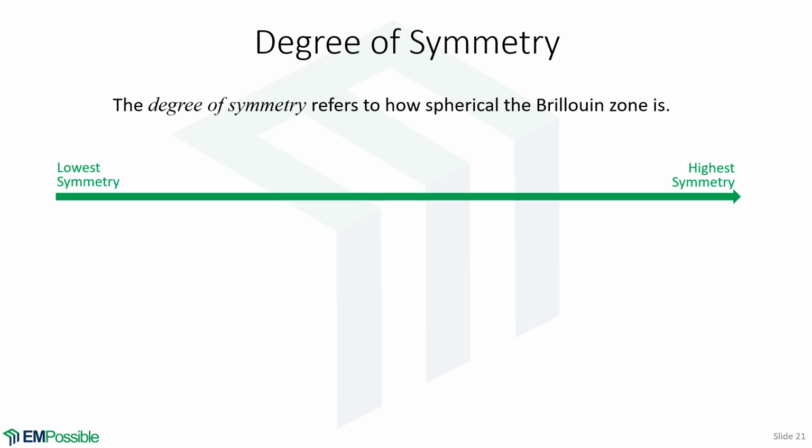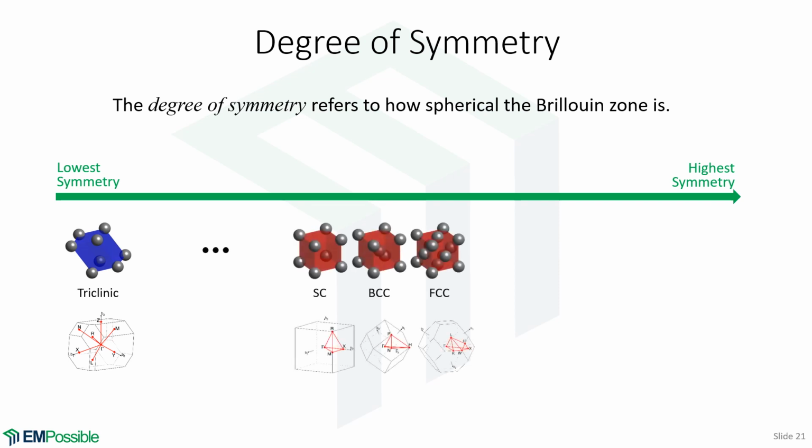So we can make a map starting with lowest symmetry and go all the way up to what has the highest symmetry. At the lowest end, the triclinics by far have the lowest symmetry. That is the least spherical of the Brillouin zones. And we can go through all the 14 Bravais lattices and we'll arrive at the cubic class, which has the most spherical of all the Bravais lattices.